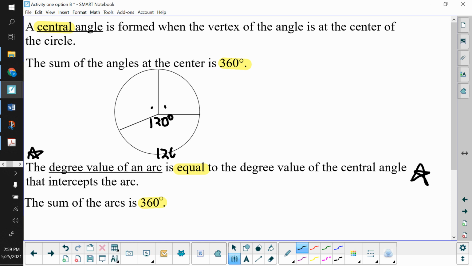This arc would also be 120 degrees. If this arc here was 110 degrees, then this arc would be 110 degrees. And if this arc here, because they have to add to 360, and we already have 230, so this would have to be 130 to get us to 360, so this arc would also be 130 degrees.